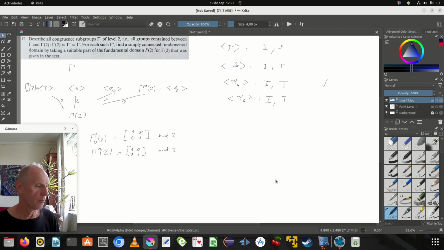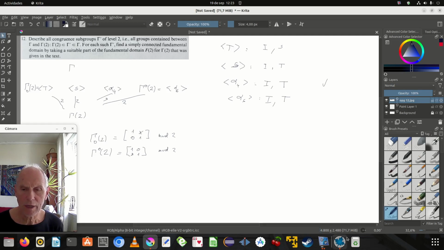Looking at the picture, when we have I and S and cannot use T, then our only choice is alpha 4.